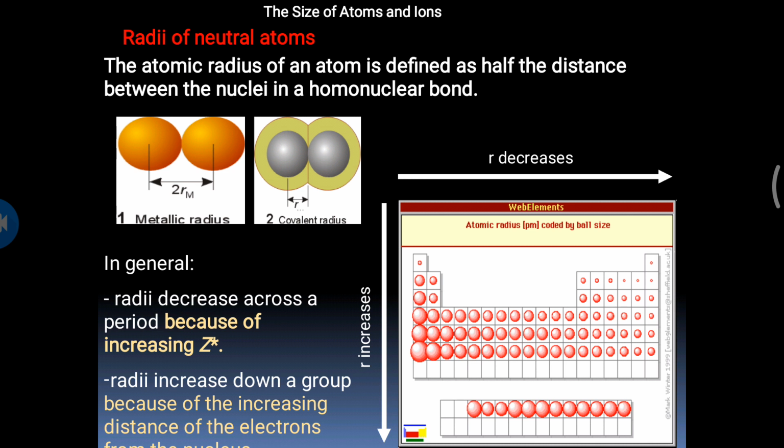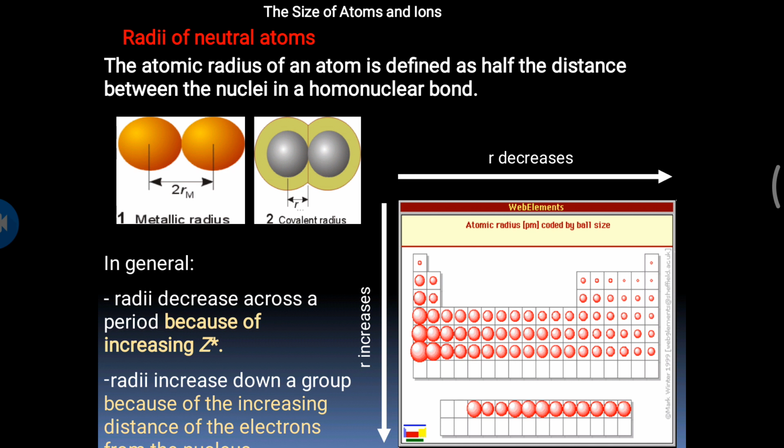Here, radii of neutral atoms. The atomic radius of an atom is defined as half the distance between nuclei in a homonuclear bond. In the first figure on the left-hand side is the metallic radius, the sodium metal radius, the distance from one nucleus to another.